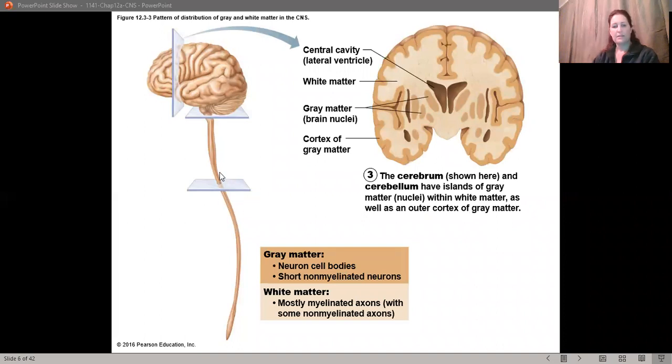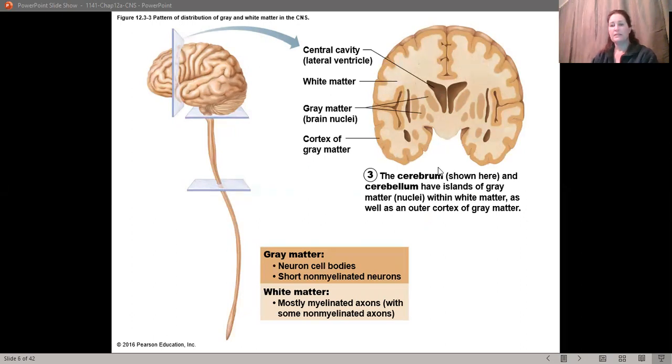As I mentioned, as you go up from the spinal cord, there are ascending tracts and then there are descending tracts. The ascending tracts or the descending tracts come up through this white matter. These are myelinated axons, and they can interface with this gray matter made up of cell bodies and dendrites.